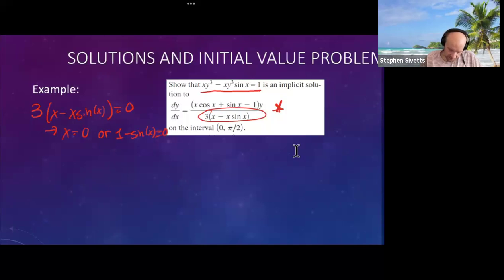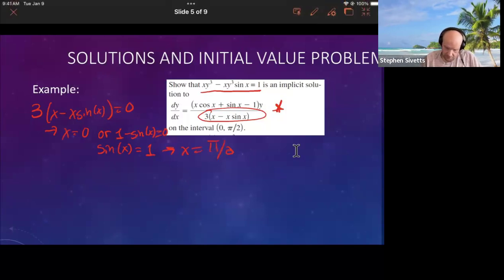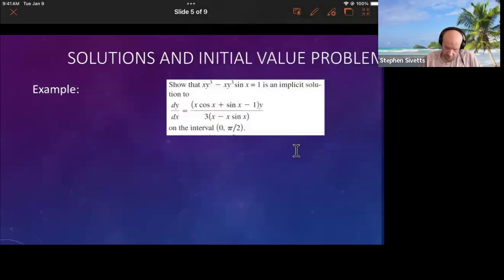Sine of x is periodic, so we only want to figure out where the general solution is well defined. So they just let x equal to pi over 2, right? That's where you have a well defined function, right?